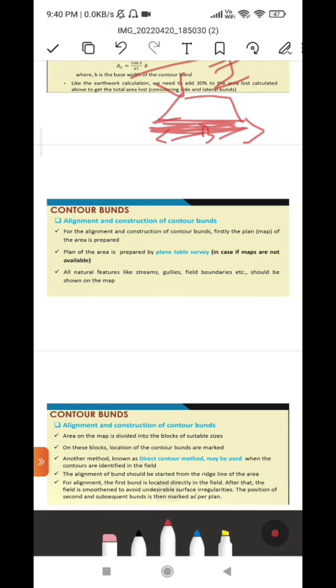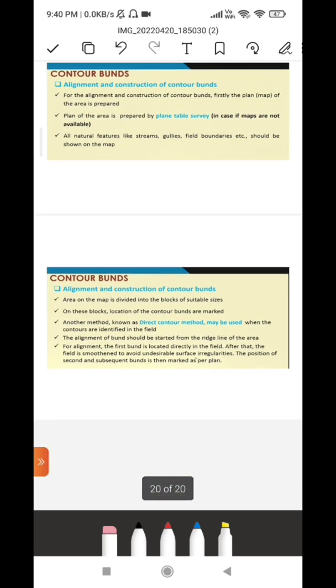Currently we are mapping the whole area and finding the contour lines by means of satellite data and GIS software. But in olden days it was prepared by plane table survey if the map of the area was not available, and in that all the natural features like streams, gullies and field boundaries would be shown.